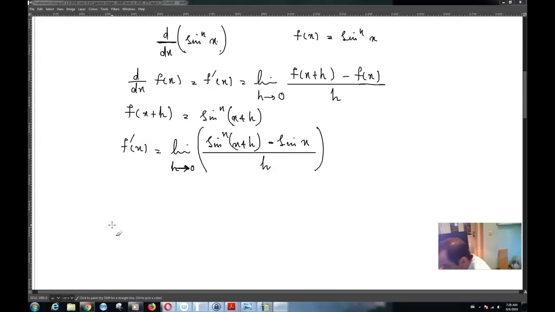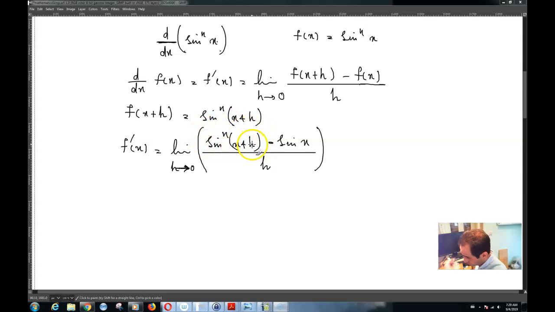Okay, so now what we need to do in order to solve this problem is actually a little bit complicated, and not really complicated, but it has essentially a few steps that you need to understand. So now suppose that, of course, I do not know what is the sine raised to the power n of x plus h.